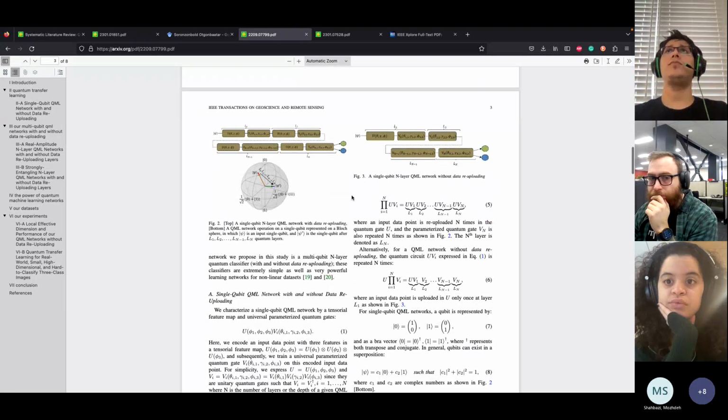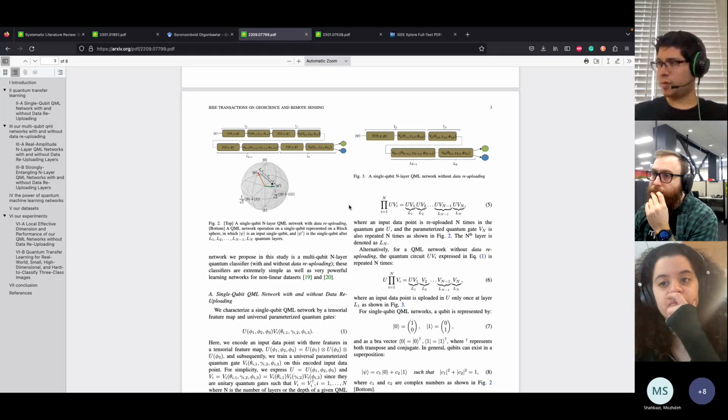So here you can see they're using, I think this one uses data re-uploading. Yes, data re-uploading. So what this means is that in your circuit, I don't know if you remember in the quantum machine learning workshop we did 2 weeks ago, you can put the data in a layer fashion on your quantum circuit, and you can just add more layers in which you put the data.